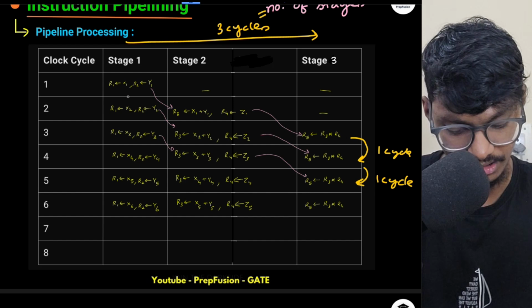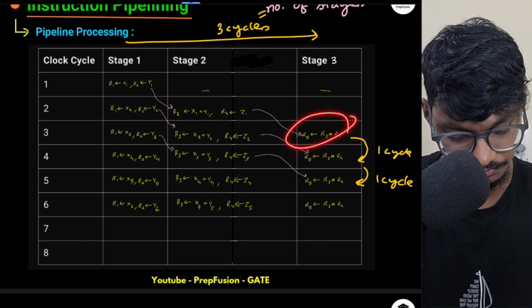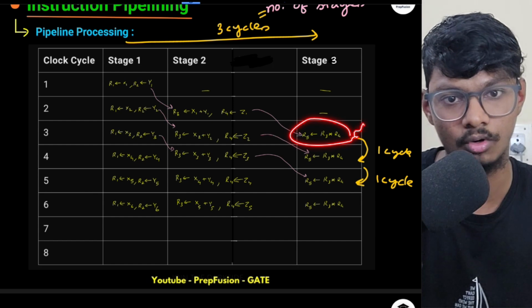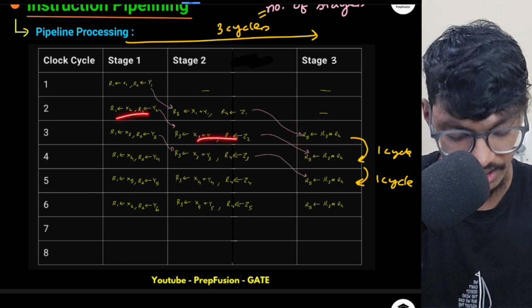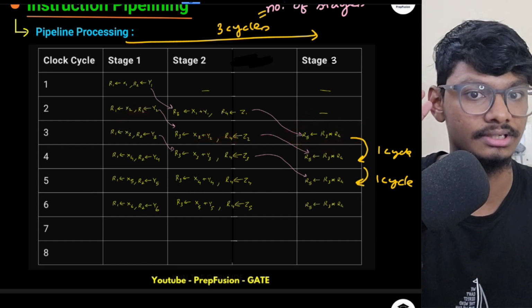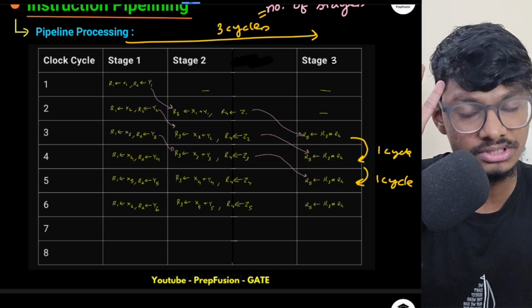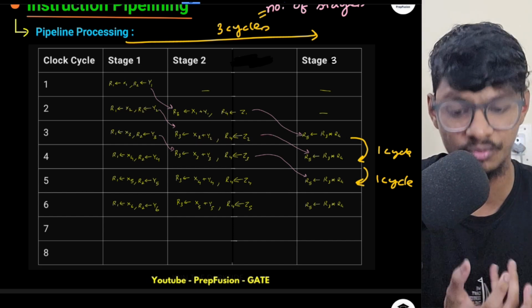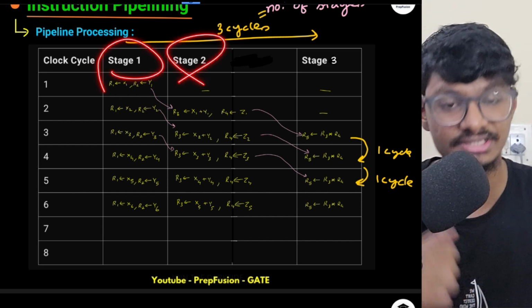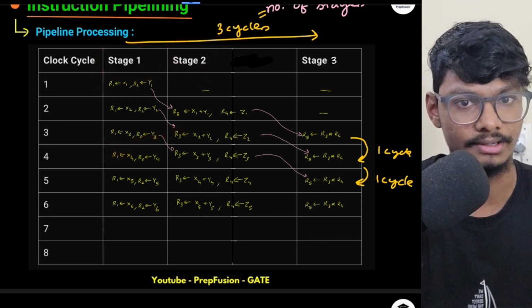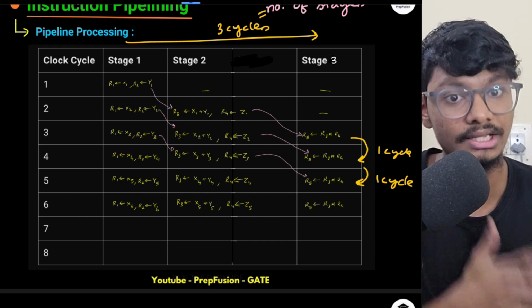Then at stage 3, if I am using a non-pipeline system, my stage 1 and stage 2 will just sit idle in the third clock cycle. Then again this will repeat. So at each clock cycle, 2 segments are idle. That is so much waste of resources, because these stages can work on the next instructions, which have similar data, as we do in the pipeline system.